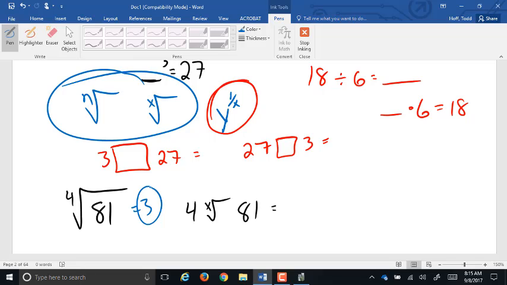You've got an X. You take 4. Nope, you've got to go the other way. You've got to type in the 81 first. Then you hit second, the YX, okay, and then put in the 4. Oh, okay. So you've got to go backwards. You got to put in the number first and then the root and the index.